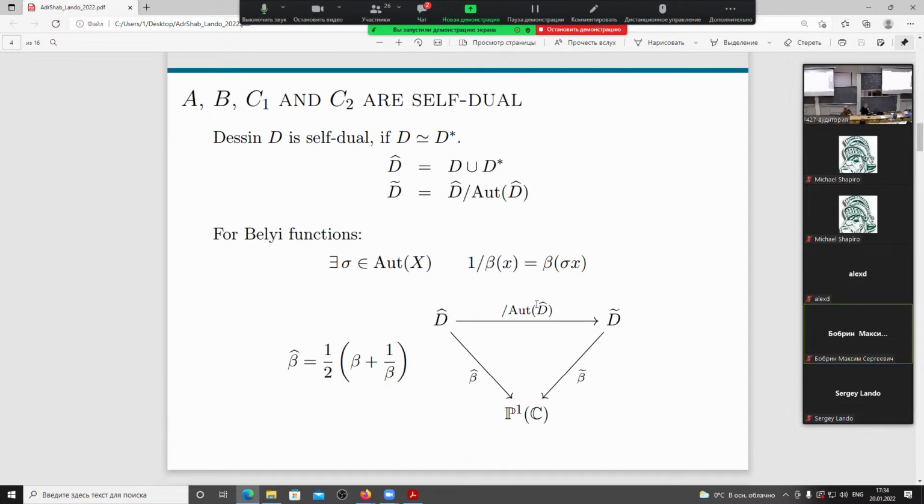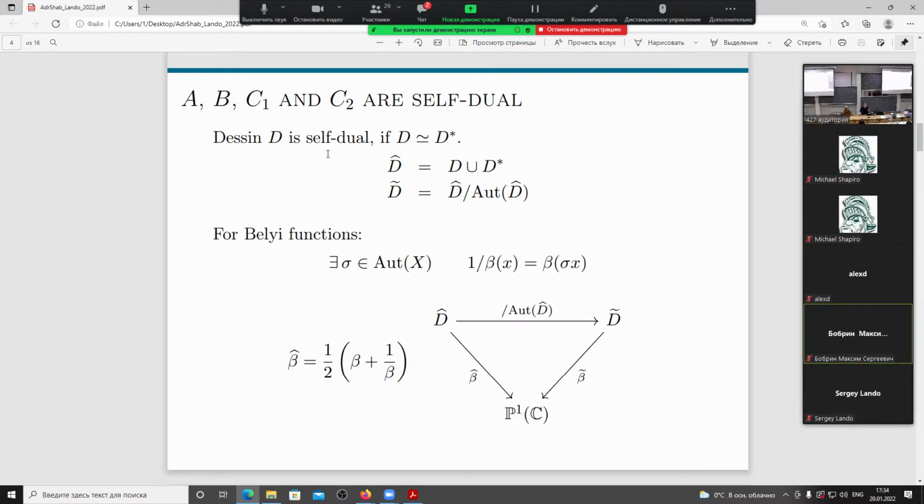The main property that allowed us to make the calculations is the self-duality of these dessins. When you have a dessin and a dual dessin, you can make a union of these two graphs and get a graph with double the number of edges.